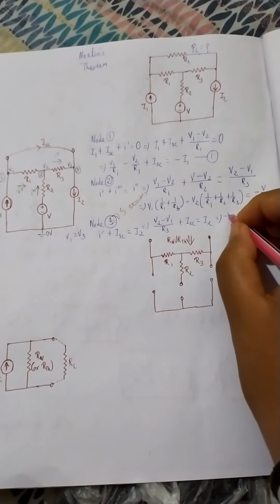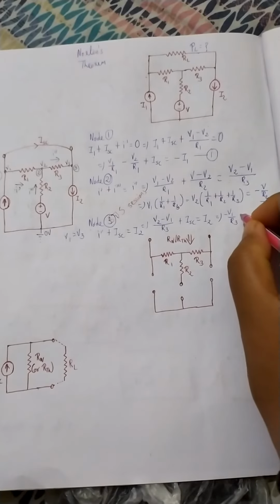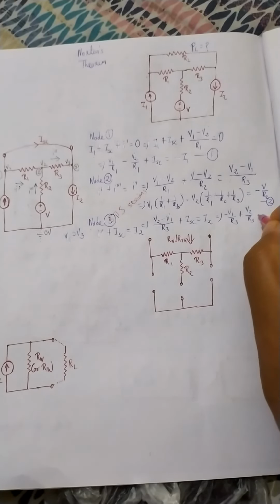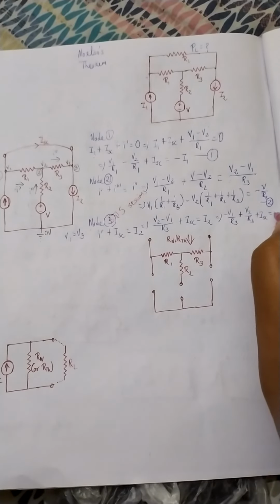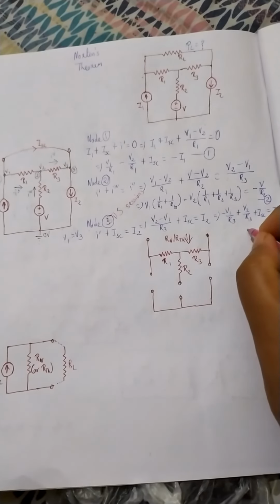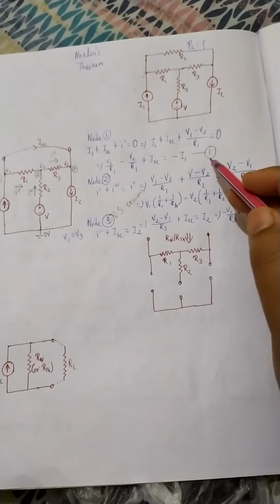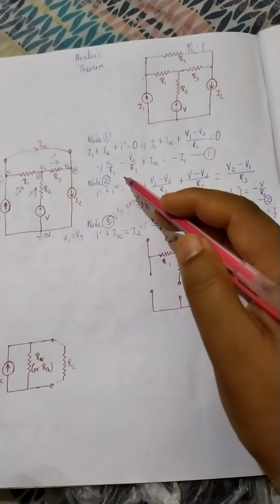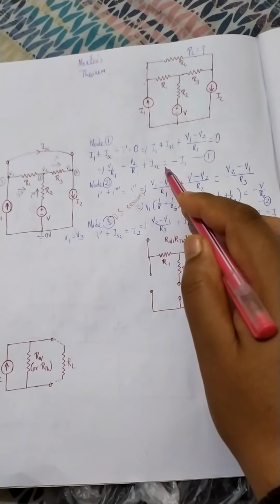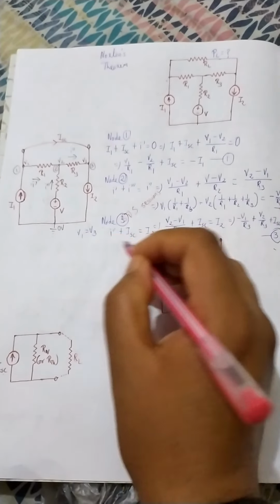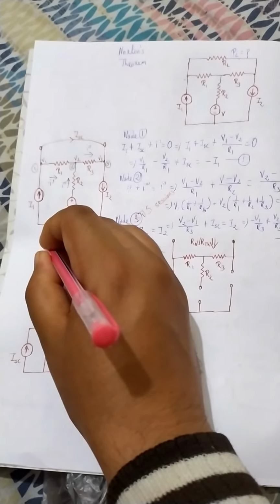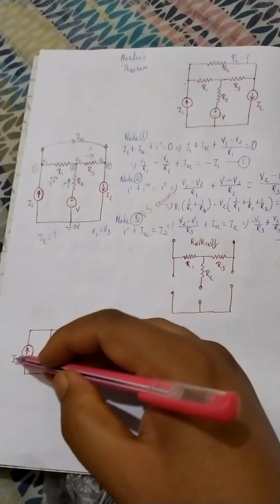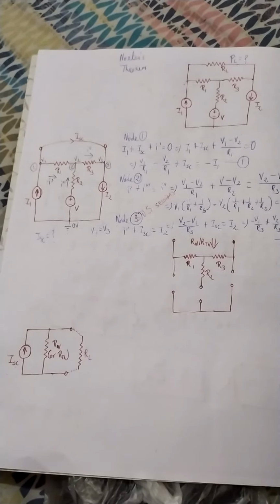So we can write minus V1 by R3 plus V2 by R3 plus ISC equal to I2. Let this be equation number 3. So we have 3 equations, 1, 2 and 3, and 3 variables, V1, V2 and ISC. Solving these 3 equations, we can find the value of ISC. So we have found ISC.